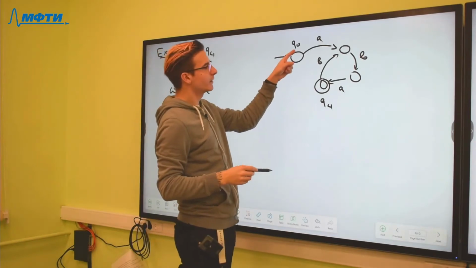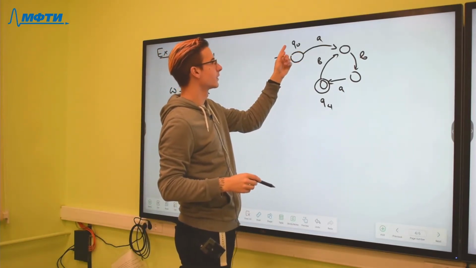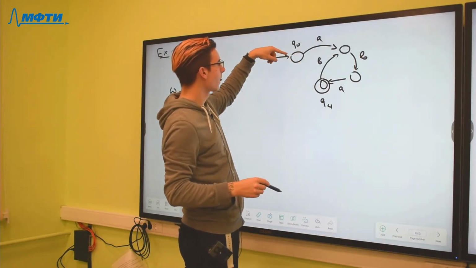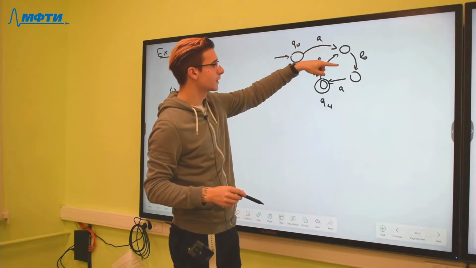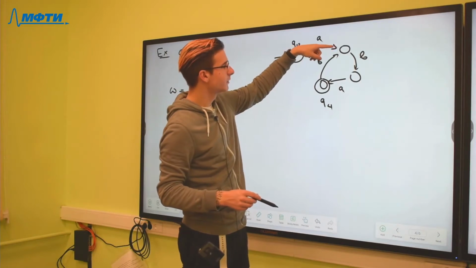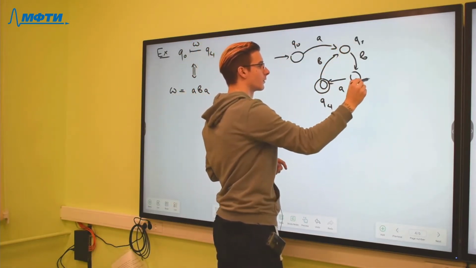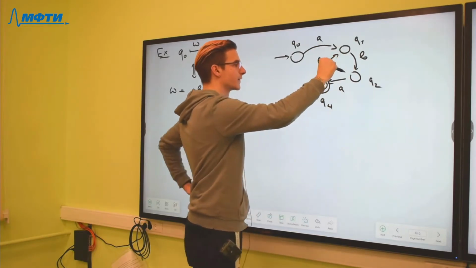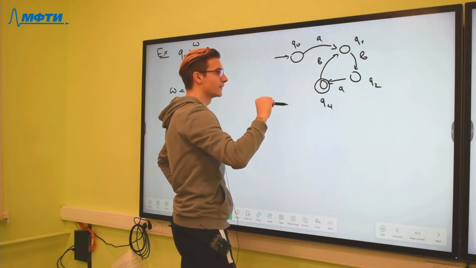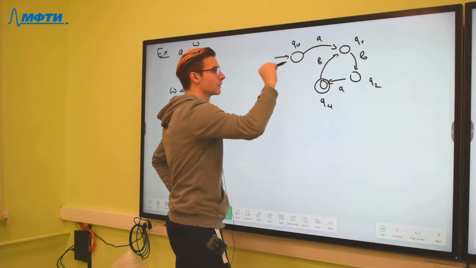But there are a lot of paths from Q0 to Q4 that have cycles in them, because we can go from Q0 to Q1, then Q2, then go to Q4, and then go through these cycles a lot of times.